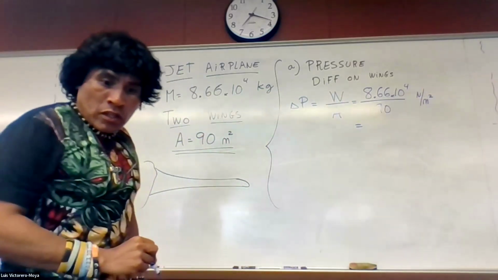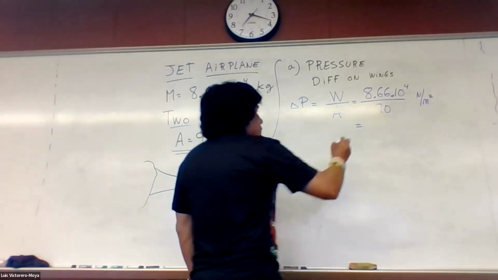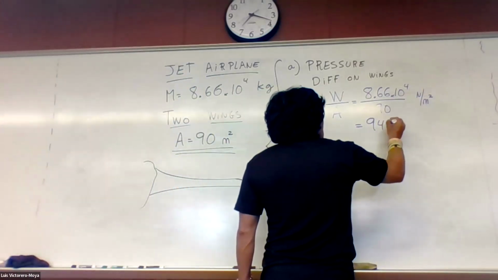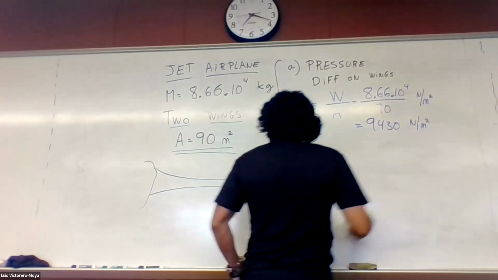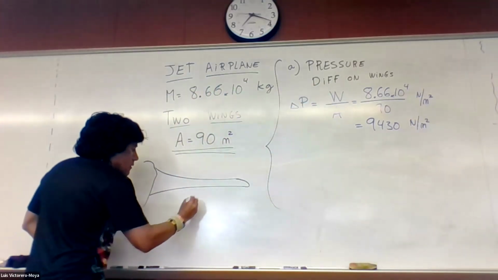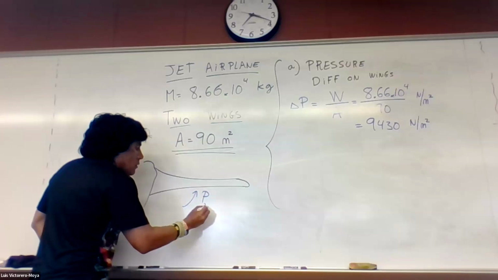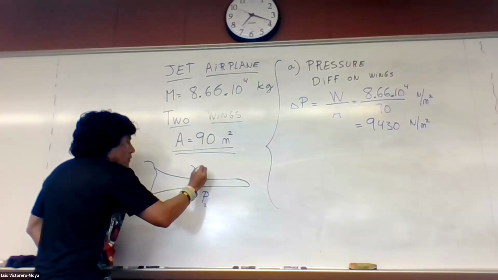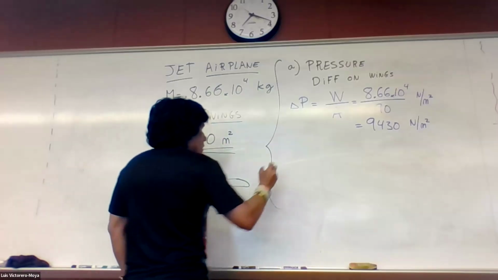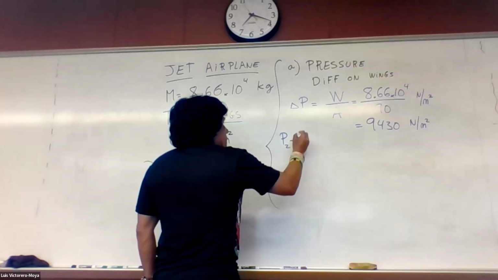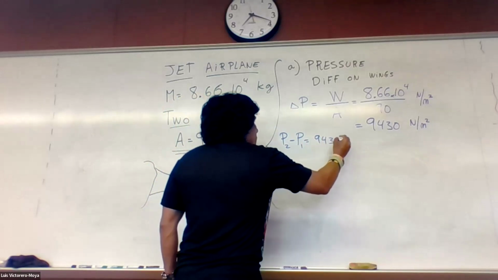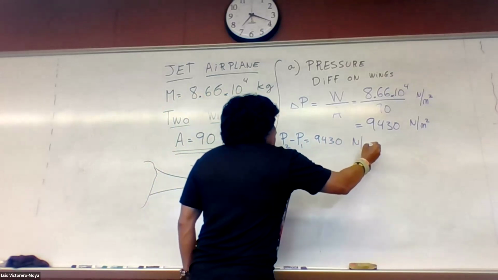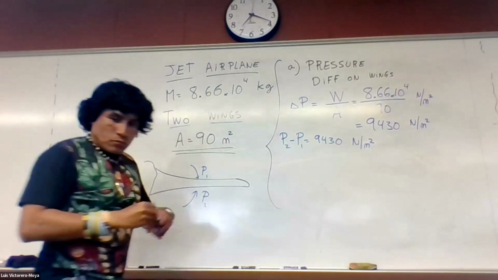So it's going to be huge. It's going to be about 9,430 newtons per meter squared. And let me point out P2 minus P1 is this. Why am I doing that? Because of part B.